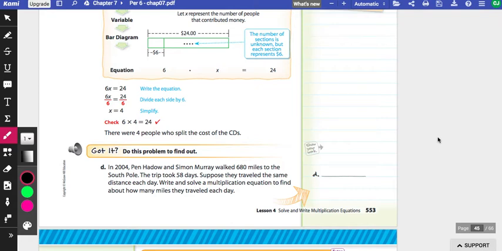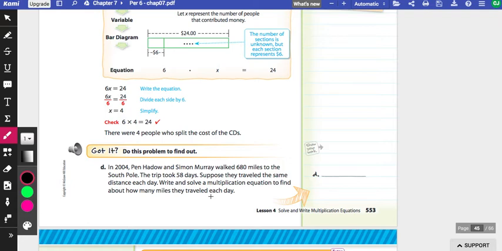So the first important piece of information is that it's asking us point blank to write and solve, don't forget that, and solve a multiplication equation to find out how many miles they traveled each day. So each means one, right? We need to find out how far they traveled in one day.